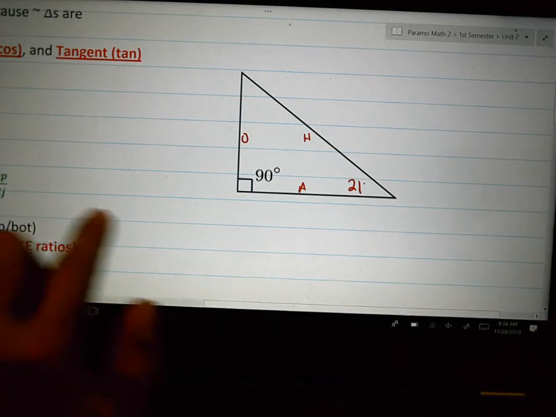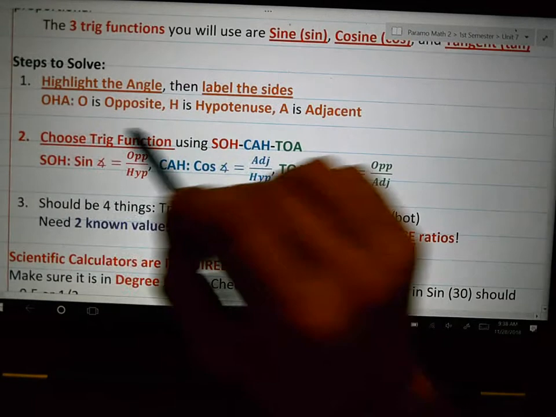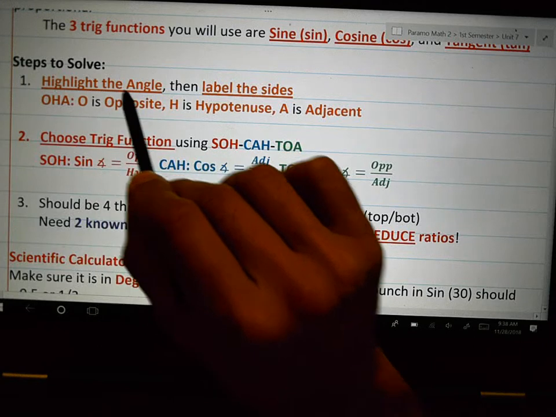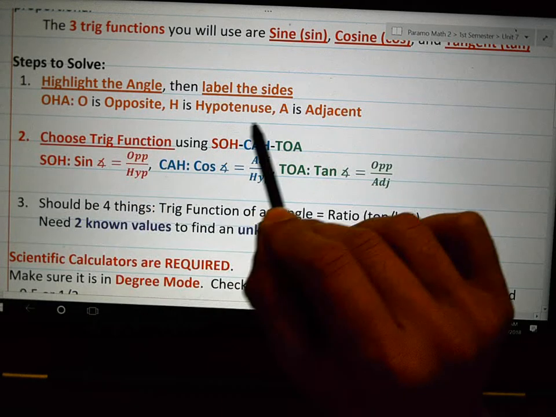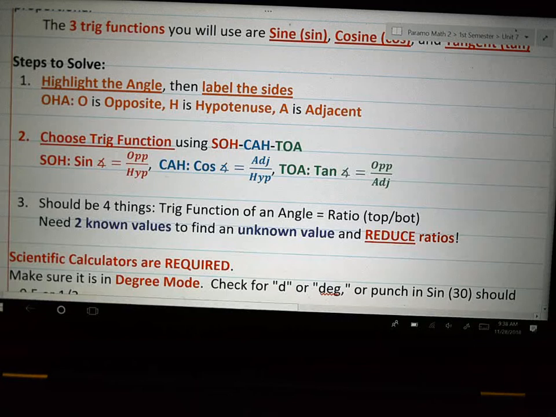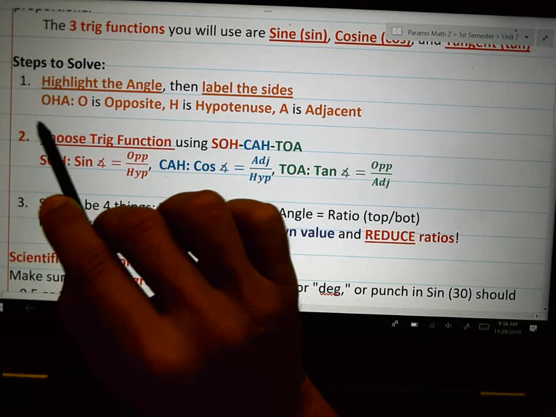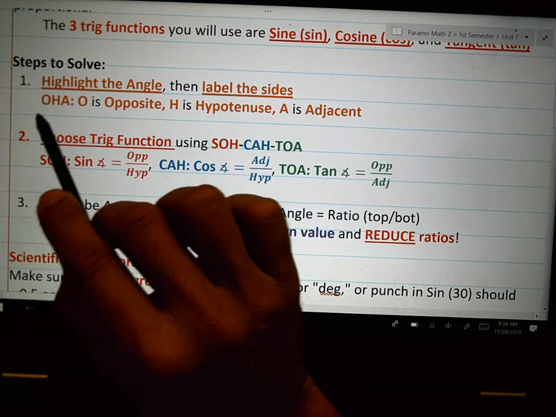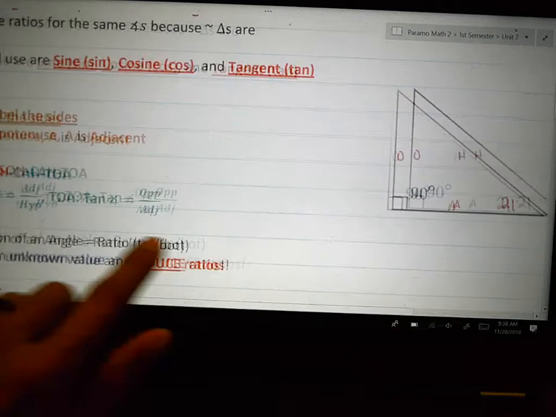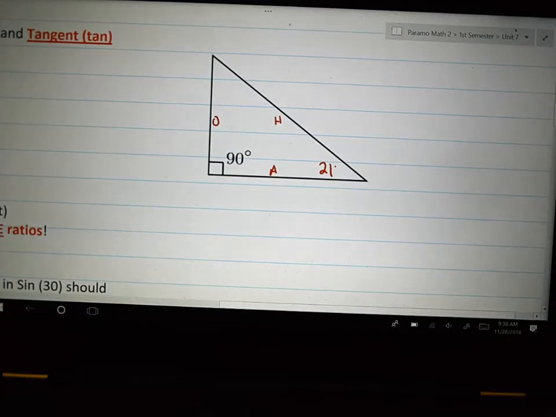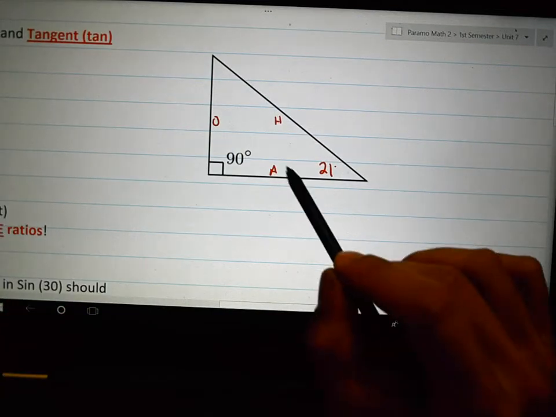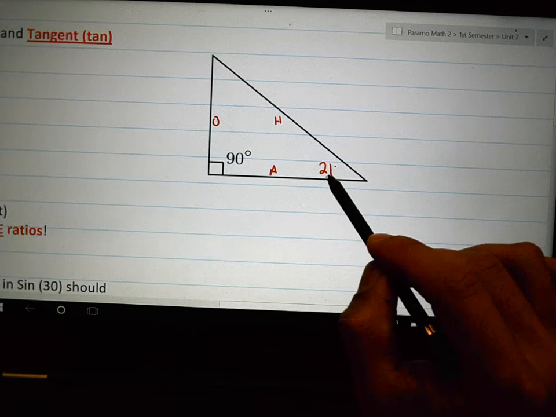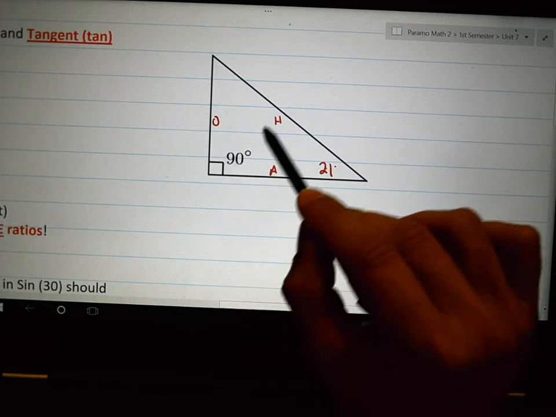Every single time you get a triangle, you have to highlight whichever angle you're talking about, and you label O, H, and A. Or as I like to remember it, oh ha, just like that. It's really easy to remember it that way. This is the side opposite the angle. That's the hypotenuse of the angle.